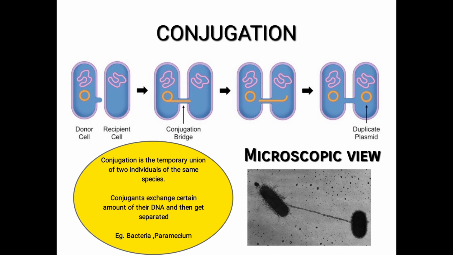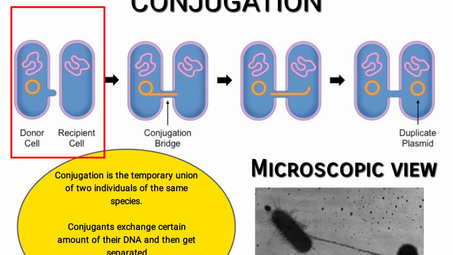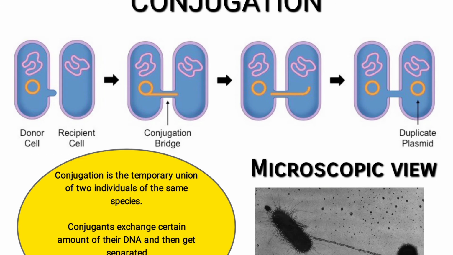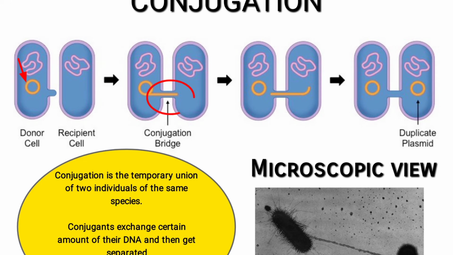So see here, I have given an example of bacteria conjugating. If you see the diagram, you can see the donor cell and the recipient cell. The donor cell has a plasmid, and that plasmid is transferred into the recipient cell through the formation of a structure called pili. With the help of this pili, the donor plasmid will be transferred to the recipient cell. So this is the actual conjugation process.